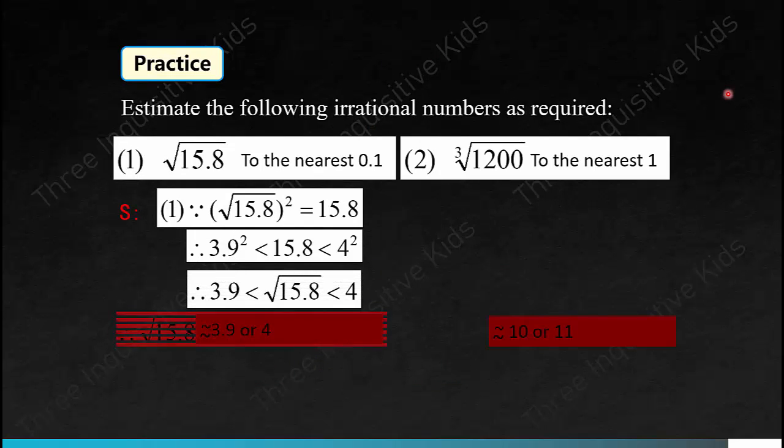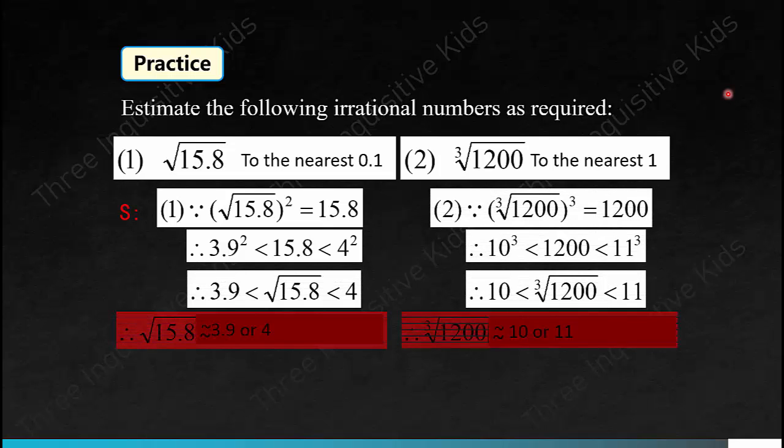So if we do this together, this is just going to be a quick review actually. So this to the nearest 0.1, we have kind of a similar solution as the one before. So we first square the square root of 15.8, which we will get 15.8 itself.